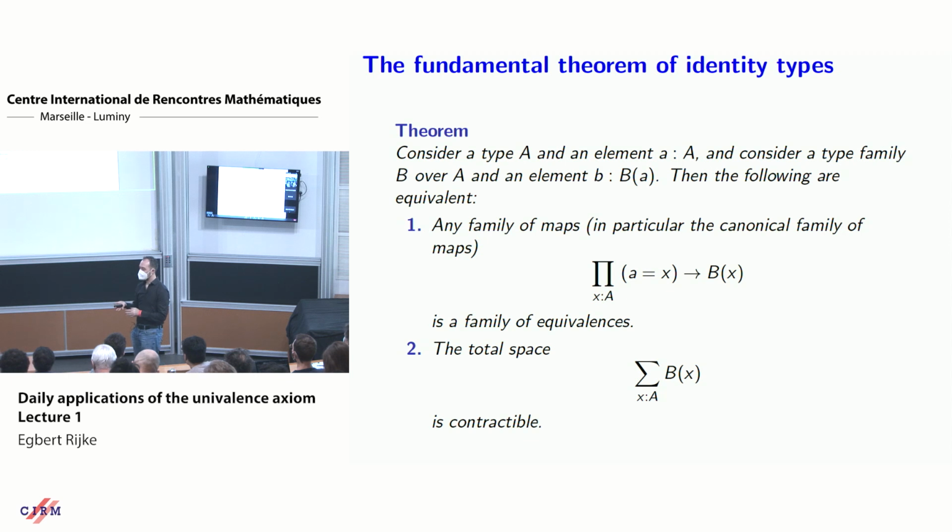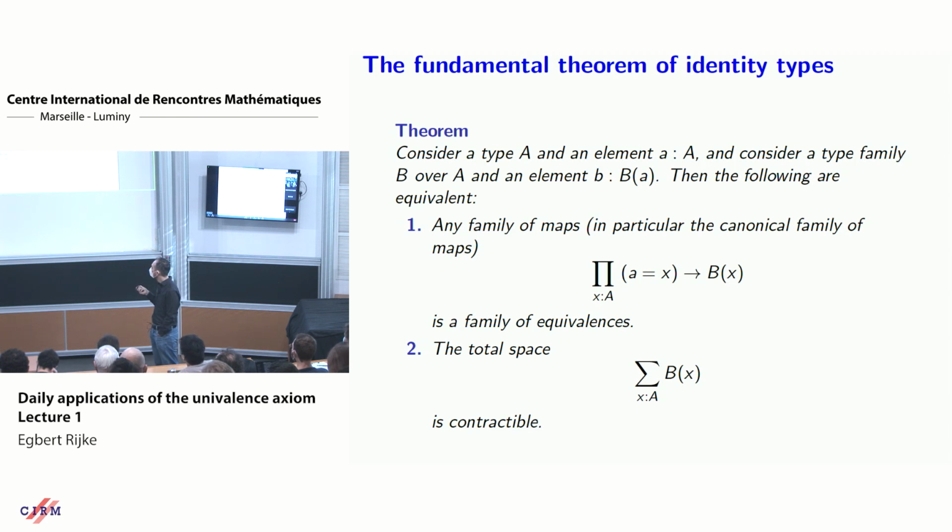So we make up some type B of x that we can guess, or we read it off from what A is. And we want to prove as the goal that B of x is equivalent to the identifications from a equals x. And the theorem says what you have to do to make such a proof.